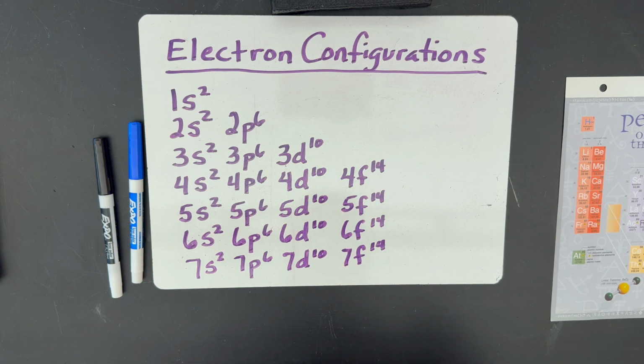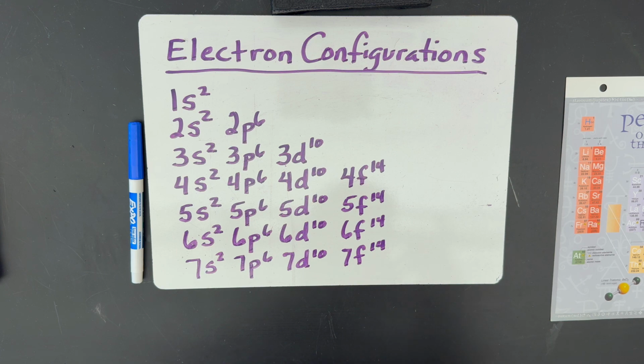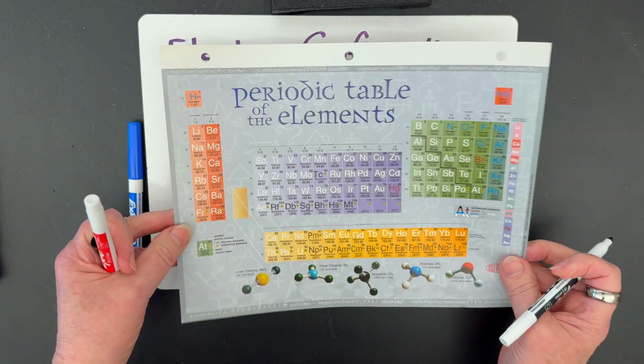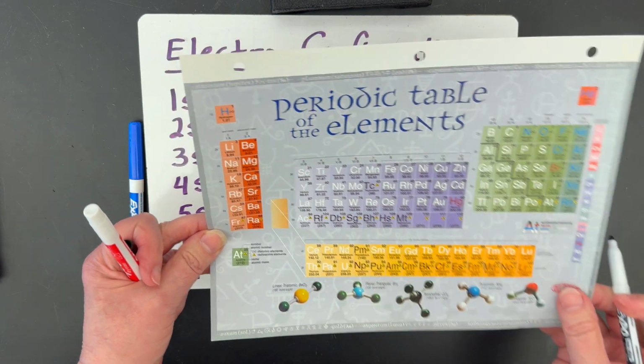The way you use this diagonal diagram to come up with electron configurations is, for example, let's do iron. If we look at iron on our periodic table, we can see right here it's atomic number 26.